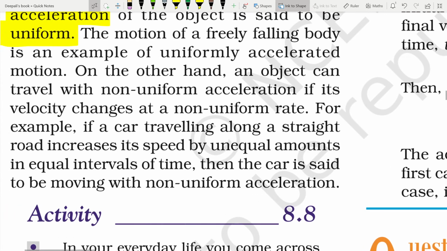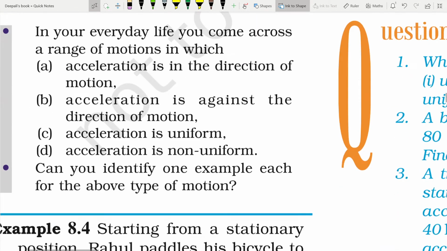Now let us summarize what is acceleration.